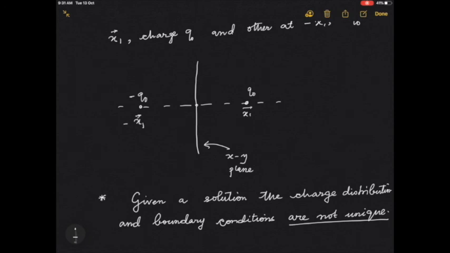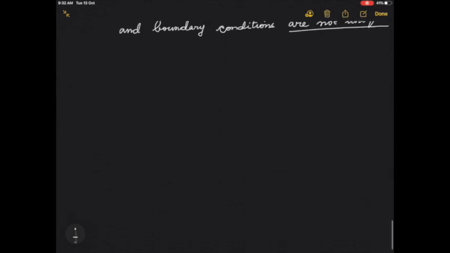Now this also gives us a new way of looking at the problem, which we know as the method of images. So this is the origin of the method of images. So what do you do in the method of images?